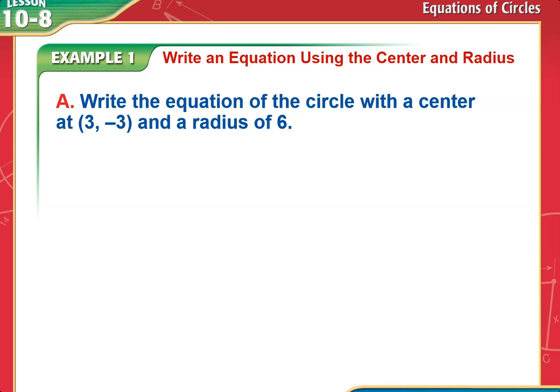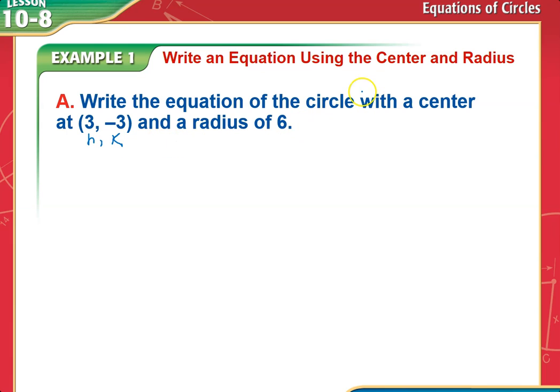In this first problem, we're going to write the equation of the circle with a center at (3, -3) and a radius of 6. So we could conveniently write this as the h and this here as my k.